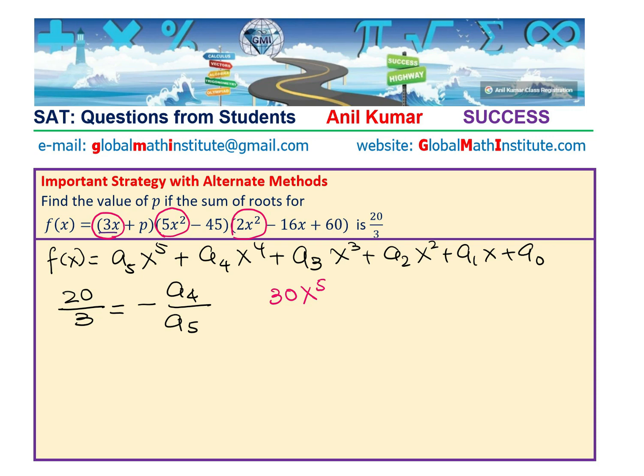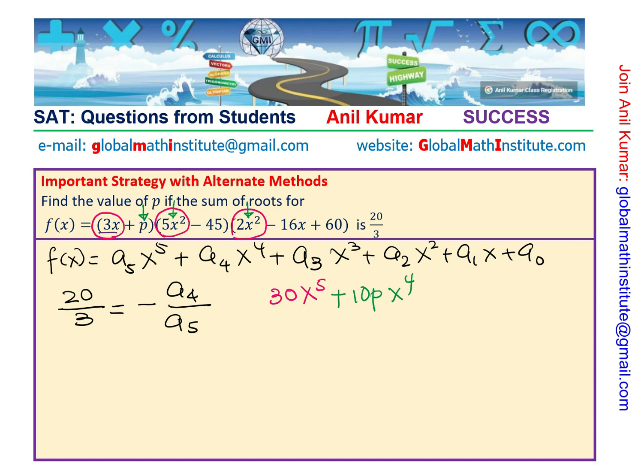Now, we have to see how we get x to the power of 4. To get x to the power of 4, we could multiply p with these two terms. That is one way of getting it, right? So let me write this as p times 5 times 2, which is 10p. This is one way of getting x to the power of 4.